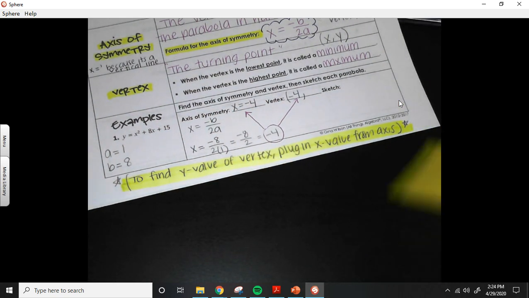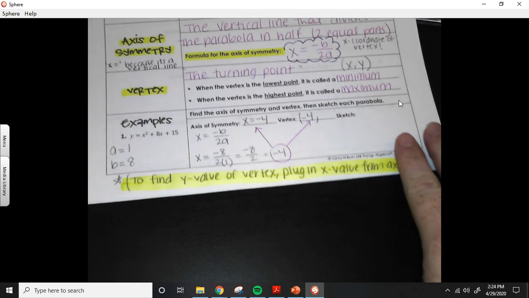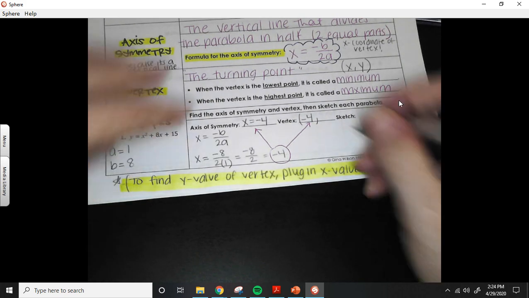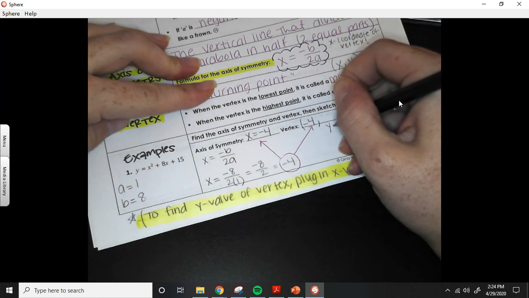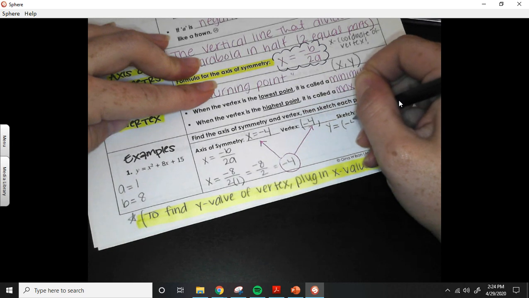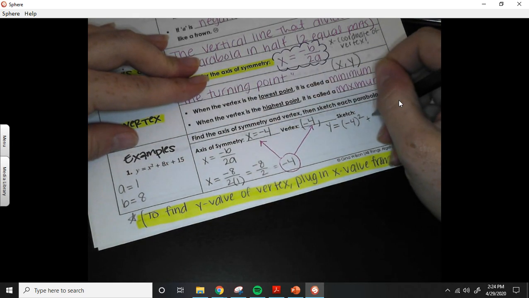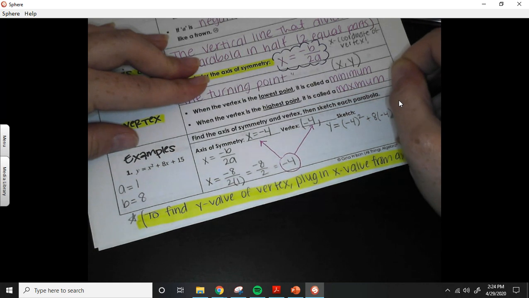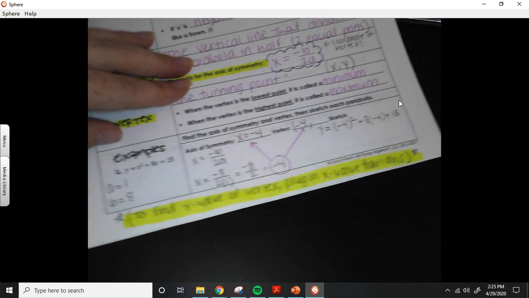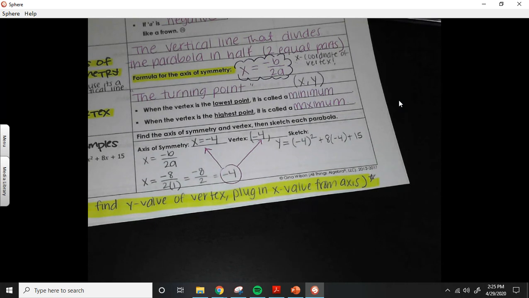Okay. So here's that. In order to find the y value, we're going to take that equation and go y equals. We're going to plug in negative 4 squared, because that's negative x squared, plus 8 times negative 4 plus 15. And then you just simplify that.